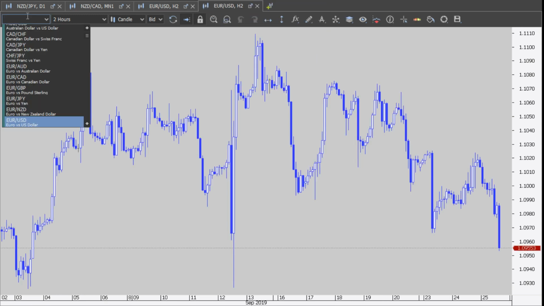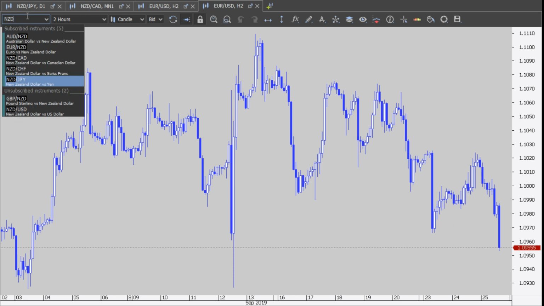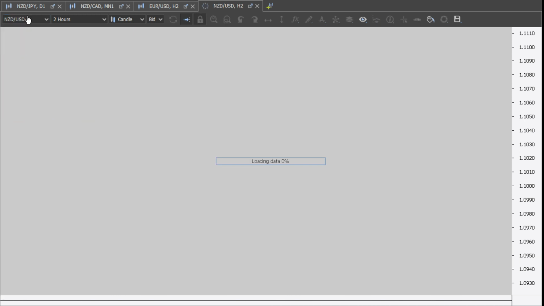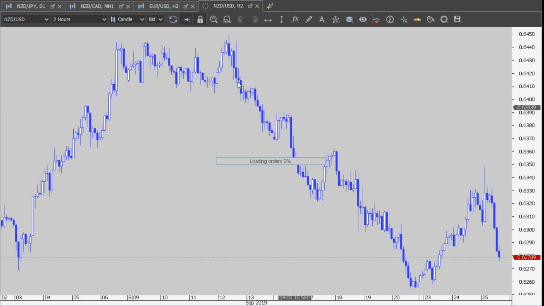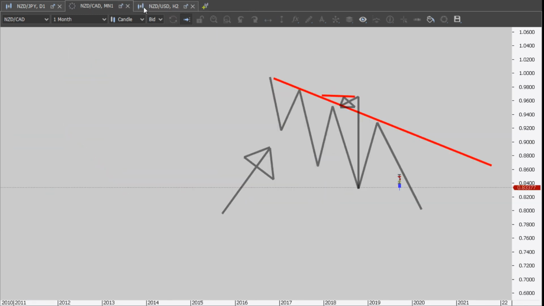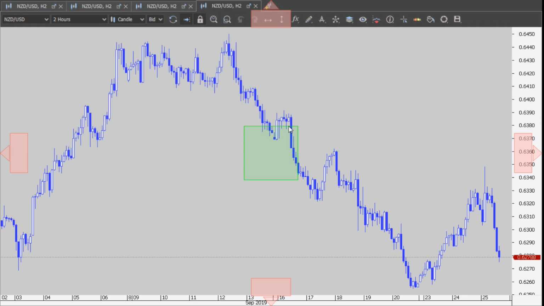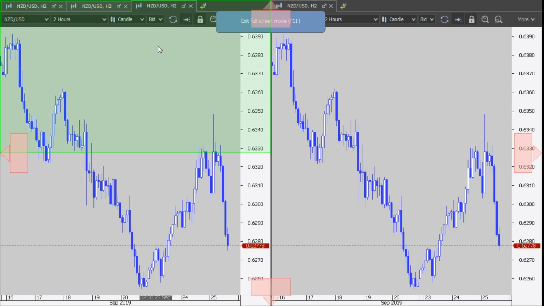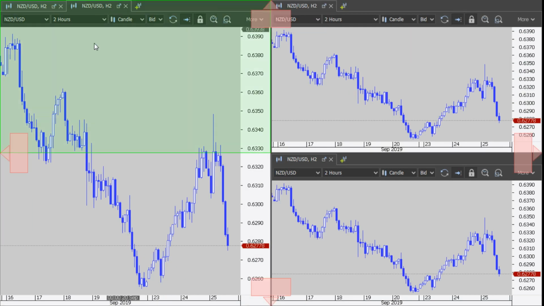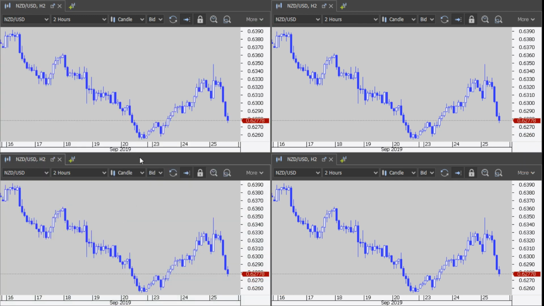Question, let's go on. NZDUSD, right? Some of you said, can you analyze NZDUSD? Yes, we can. What we are going to do, we are going to open NZDUSD 1, 2, 3, 4 and put it like this, and like this.